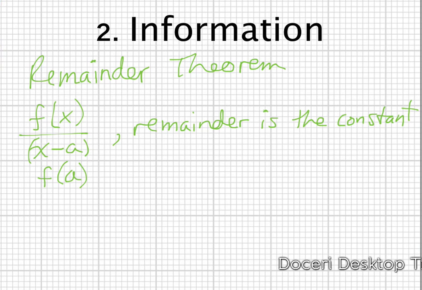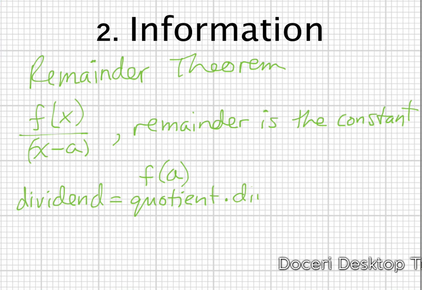Okay, the constant f of a. Also, the dividend will be equal to the quotient times the divisor, the thing you're dividing by, plus the remainder.